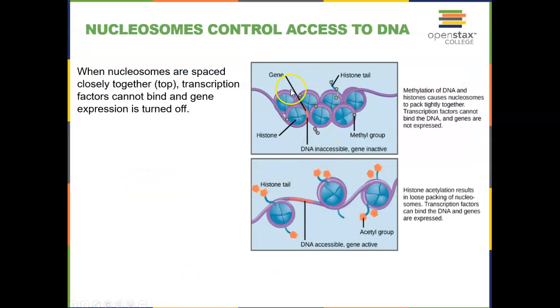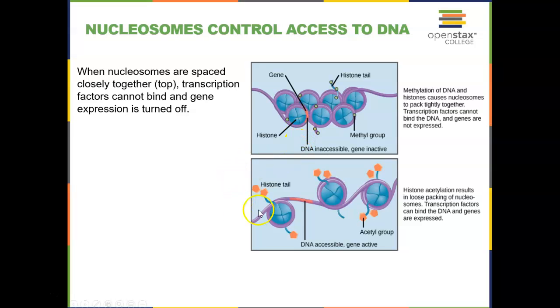So these wound up bits of DNA around histones form these nucleosome groups, and you can see, say this is a region, a gene that we need to read, but it's inaccessible because it's kind of tucked into this grouping, and so therefore the polymerase can't get in there.